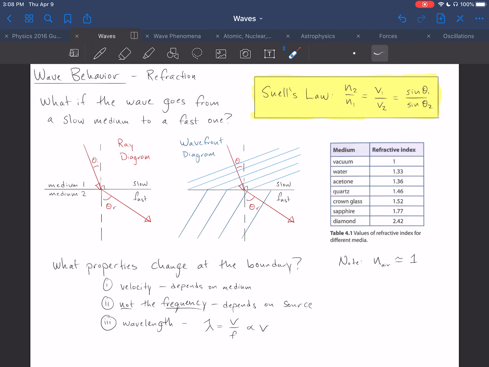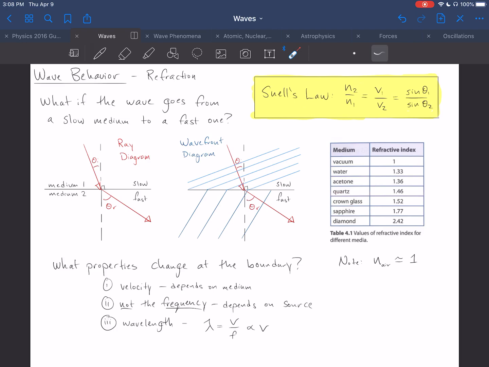But if the velocity changes and the frequency stays the same, then the wavelength has to change as well. And that is in fact what we see in these diagrams. If the wave is going from slow to fast, that wavelength increases. If the wave is going from fast to slow, then that wavelength will decrease. And it's important to understand these. These are all related to fundamentally what these properties depend on.